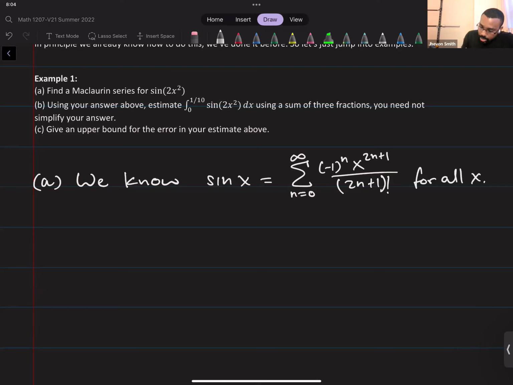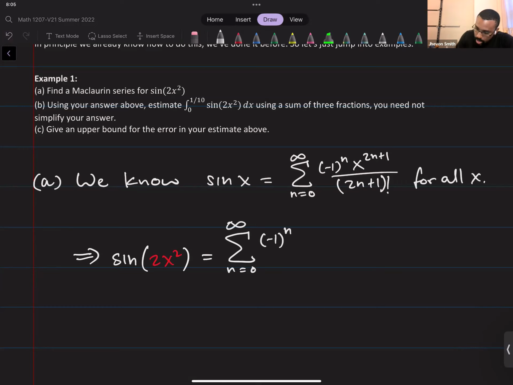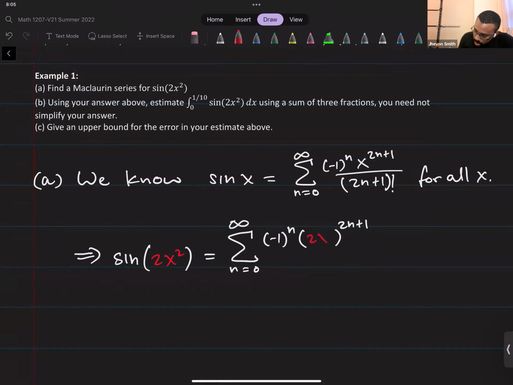So in particular, if I have sine of 2x squared, that would work. That's another real value. So I can just plug this in for x in our series: minus 1 to the n, and here I'd put in 2x squared for x.